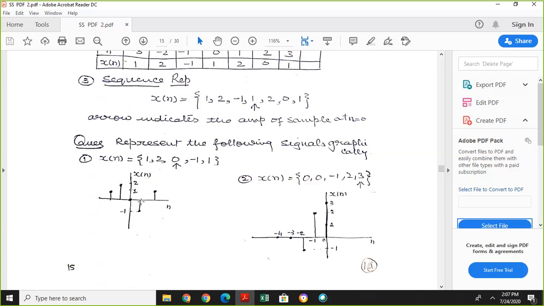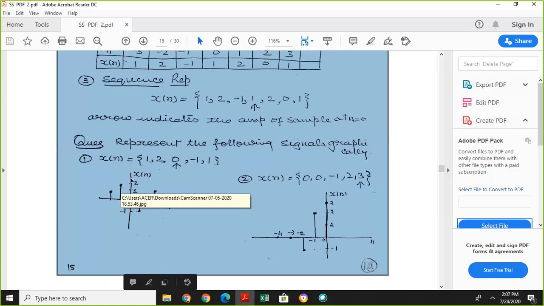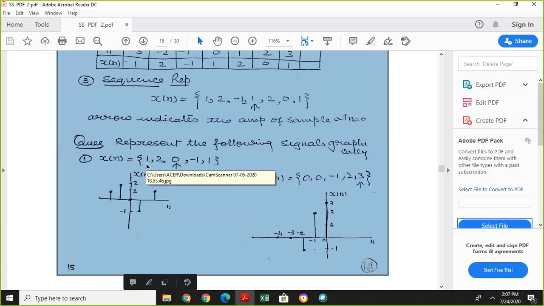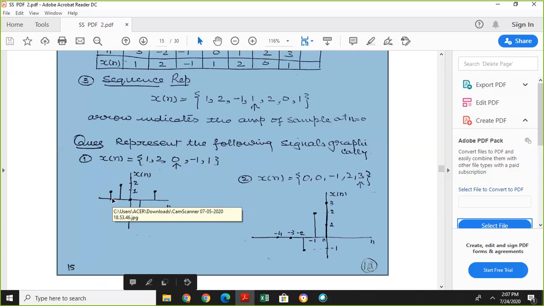When n is 1, the value of x of n is -1, and when n is 2, the value of x of n is 1. Similarly, when n is -2, the value of x of n is 2, and when n is -1, the amplitude or value of x of n is 1.